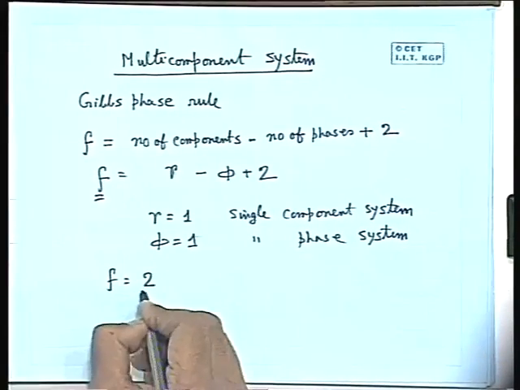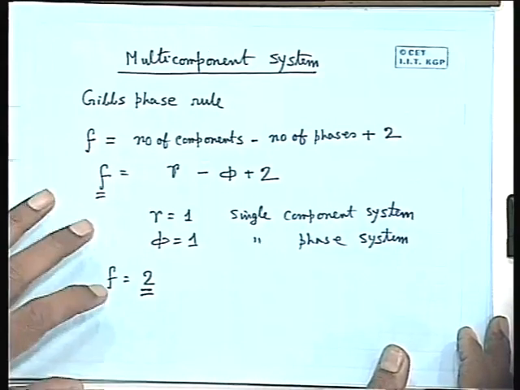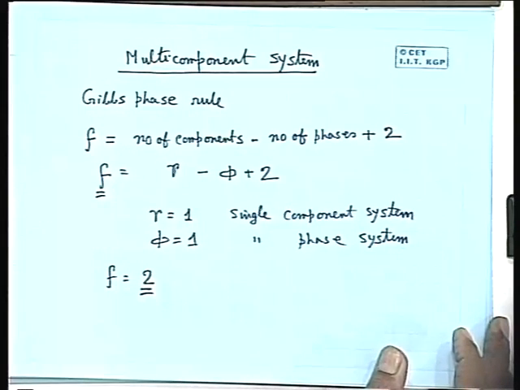That means a minimum of two properties are required, and they are sufficient, to fix the equilibrium state of the system. All other properties are automatically fixed. This comes from the Gibbs phase rule for a single component, single phase system.